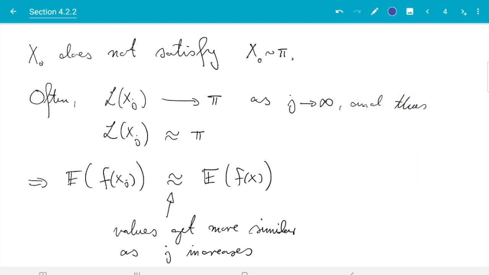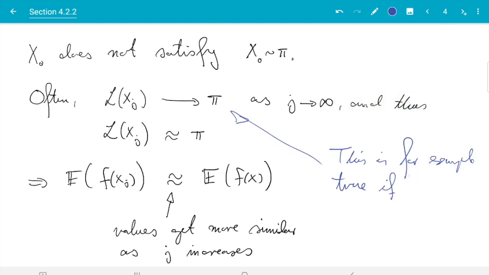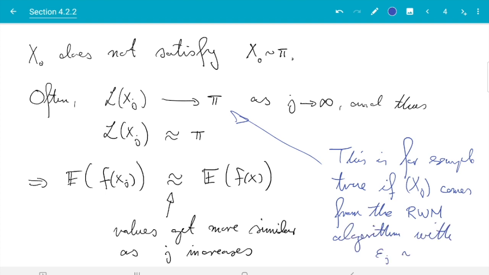So let me just write this. This is, for example, true if xj comes from the random walk Metropolis algorithm with increments which are normally distributed. So that's the most common case, and in this case one can formally prove that that holds.